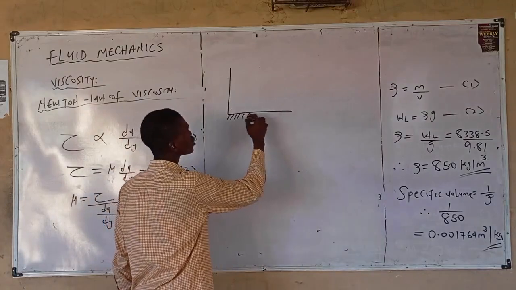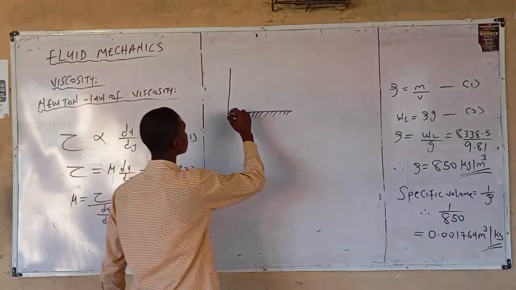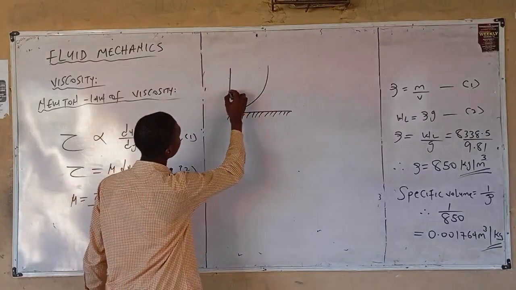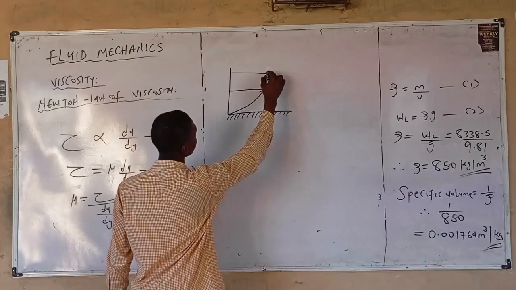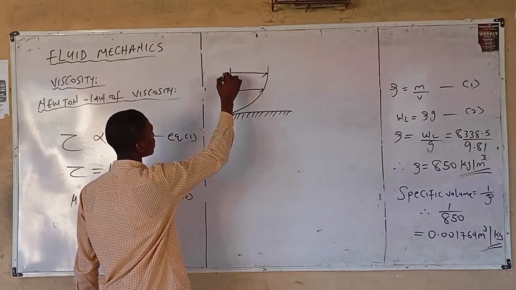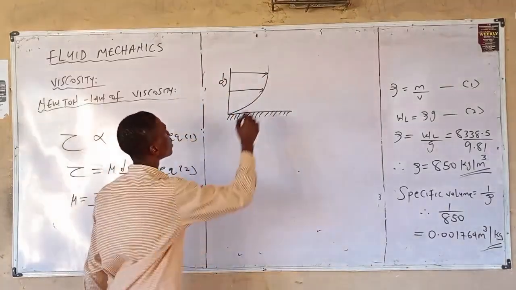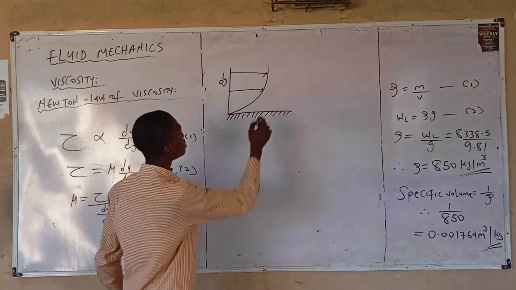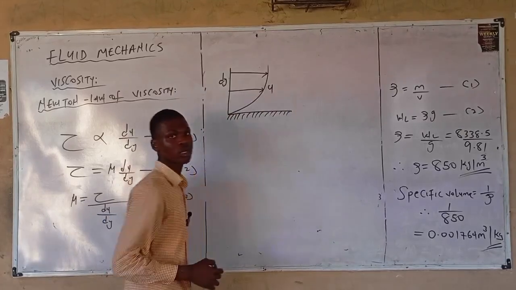Say this is your stationary plate, a fixed plate, right? Then you have this profile, and your fluid is going in this manner. This is the thickness dy, the thickness of the plate. Initially your fluid started with a velocity u.